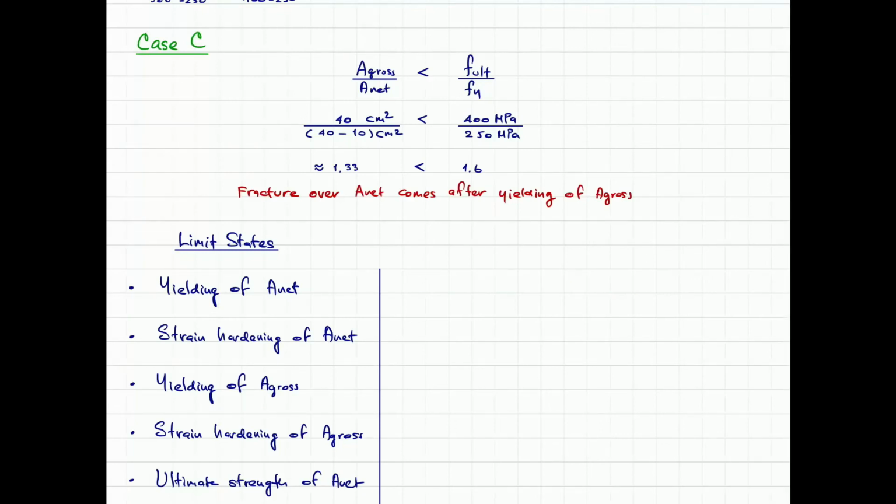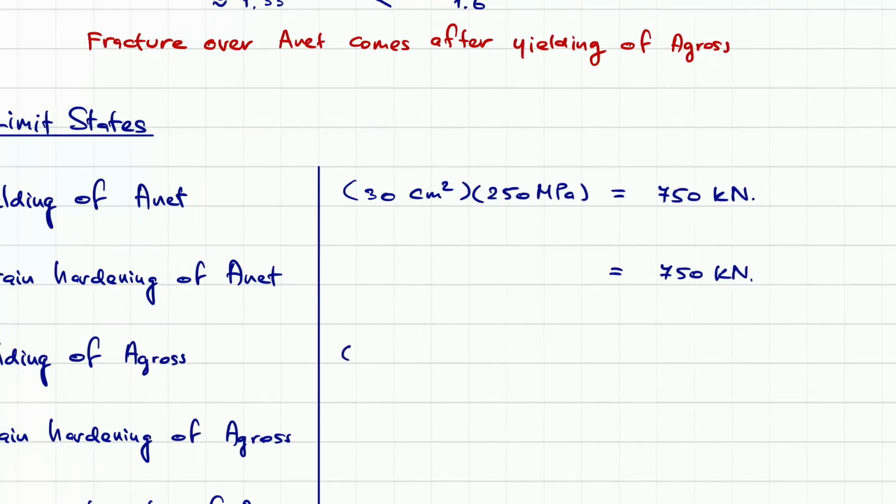And it is the same here, which equals 750 kilonewton as well. Yielding of the A gross, 40 times 250, that is equal to 1,000.